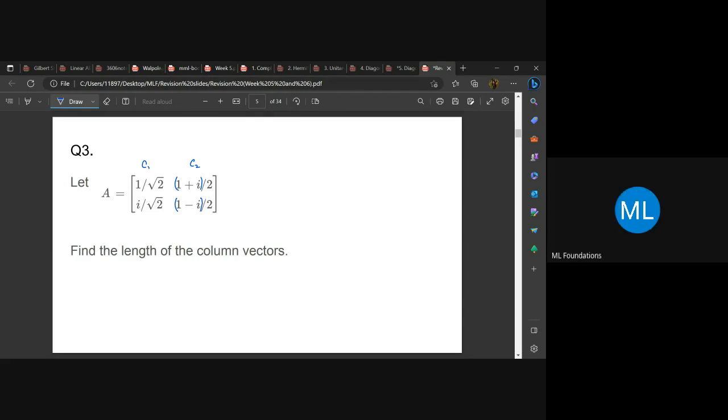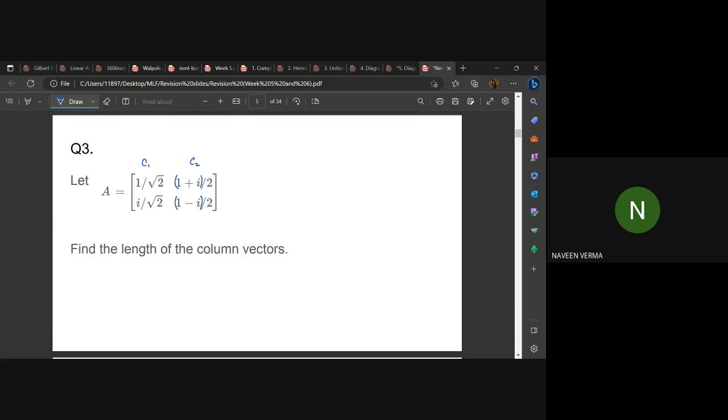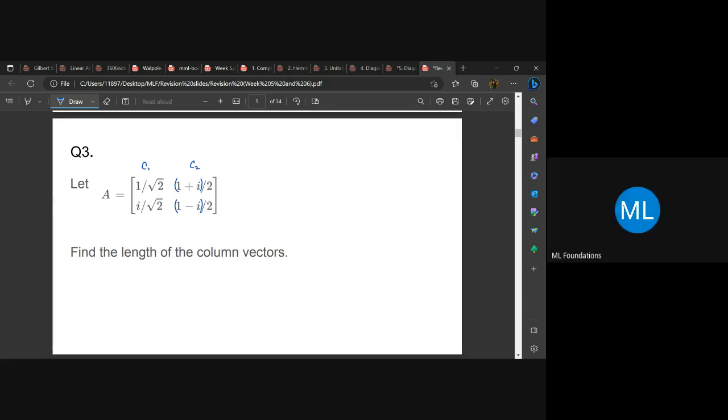How many weeks will be covered today? Weeks 5 and 6. Ma'am, can you tell us the weightage we would be getting from week 5 to 8? Weightage will be almost the same for all the weeks, maybe a little less for week 8.